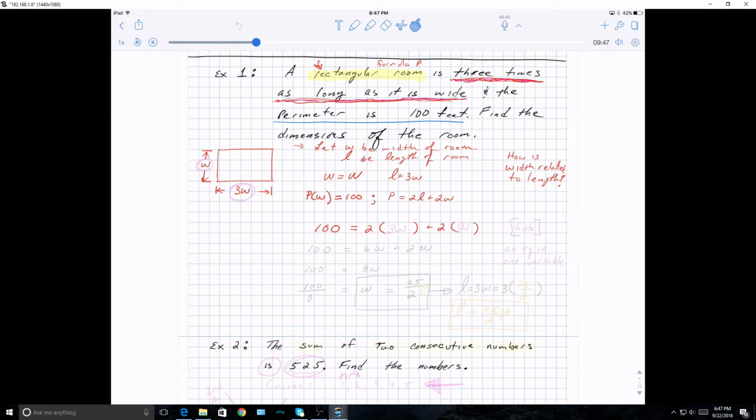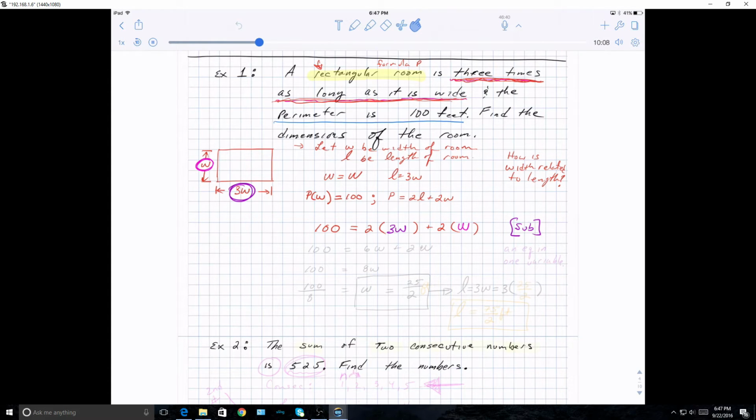So let's use W in pink. If we put this in, it's just going to be W, but if we put the other one in purple, it'll be 3W. So we just did a substitution.